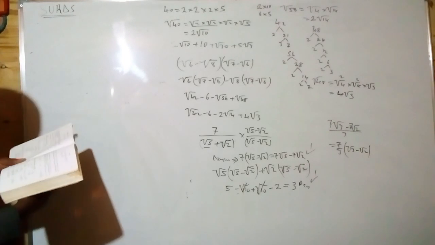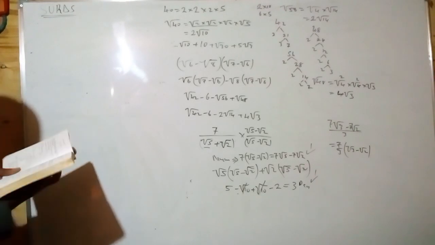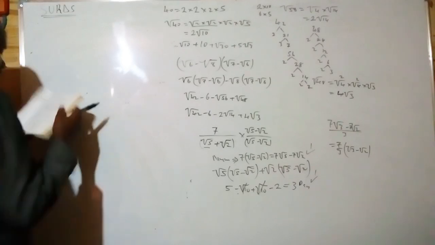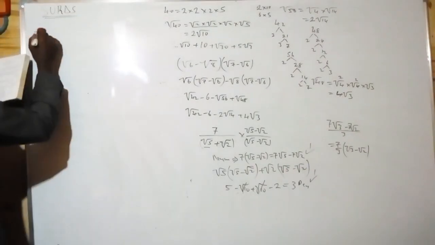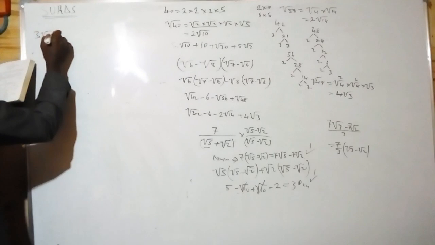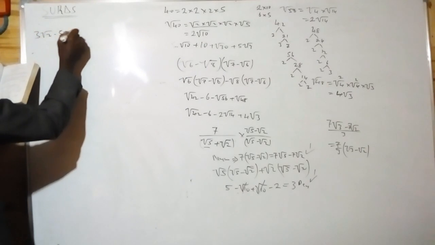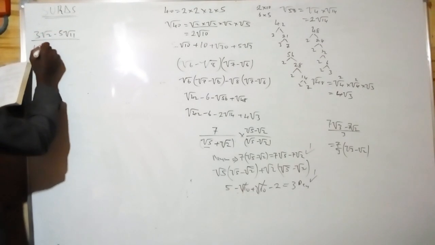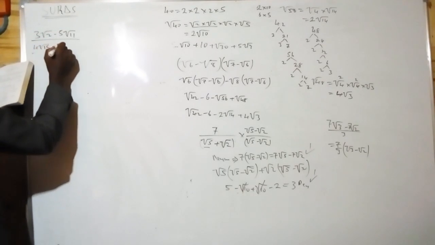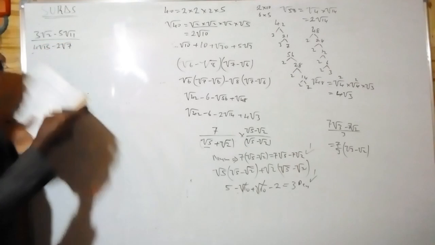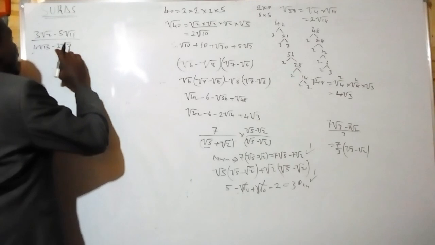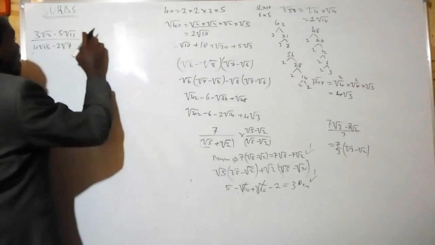We have, simplify, and you are given 3 root 2 minus 5 root 11 all over 4 root 15 minus 2 root 7. You do the same. You multiply numerator and denominator by what you are given as a denominator.